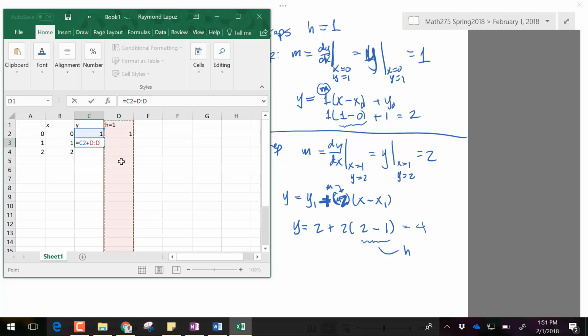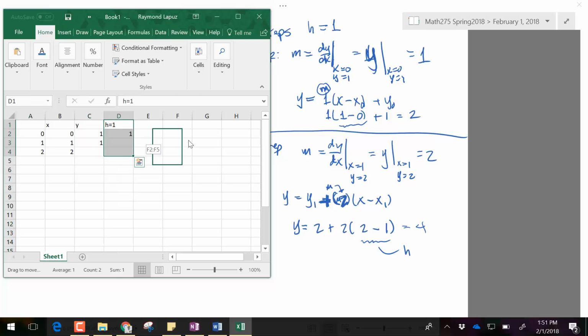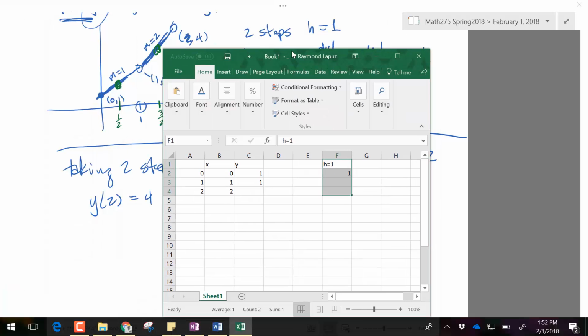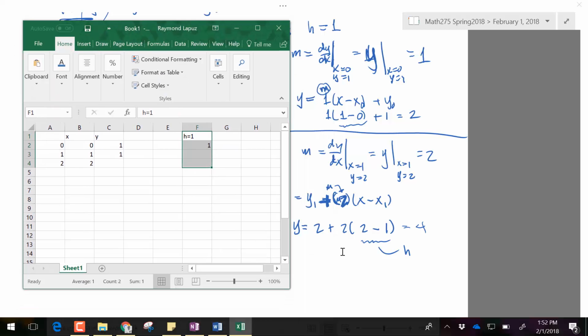Oh, your slope is just y, right? In this particular example, your slope is y. All right, so this is equal to y1 plus the slope.